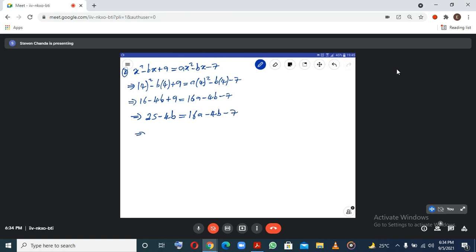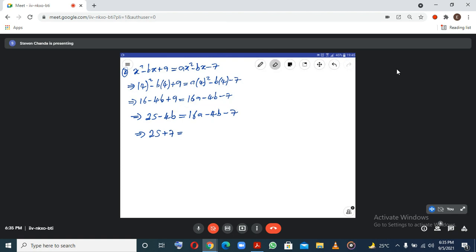So what we are going to do is take the numbers on one side and all these things on the other. We bring 25, and then the 7 is moved, so from negative 7 it becomes positive 7, right? We've done that shift.